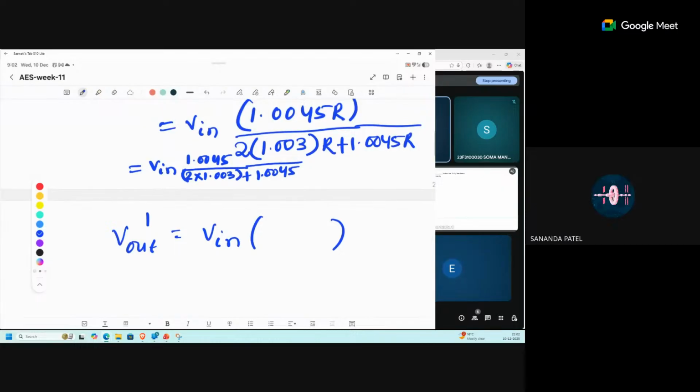Is it 0.333? 1.003 plus 1.0045, that inverse multiplied with 1.0045. You are getting this value is 0.33, right? Are you getting this one? Yes, ma'am. Okay, so this is your 0.33 you got.